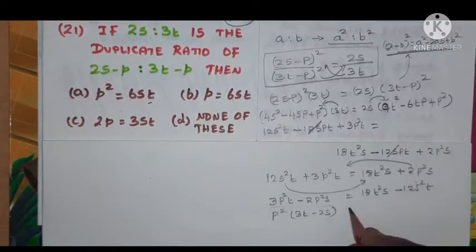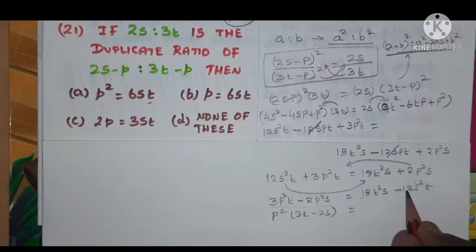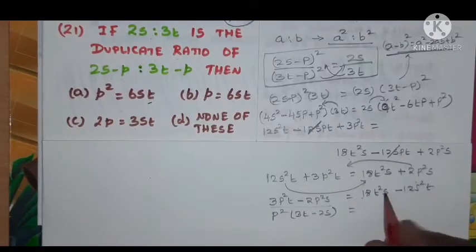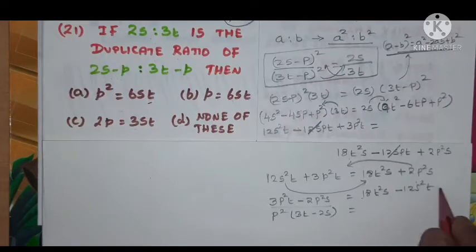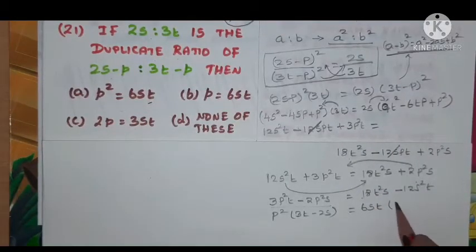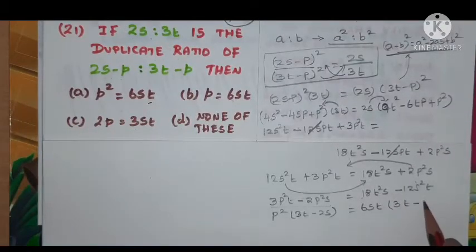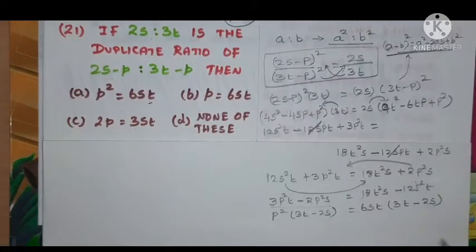Right. Next, in these two terms, look, 18 and 12 are multiples of 6, and st is there, so 6st is common in these two terms, hence I have taken it outside. So the remaining things are 3t minus 2s, right?